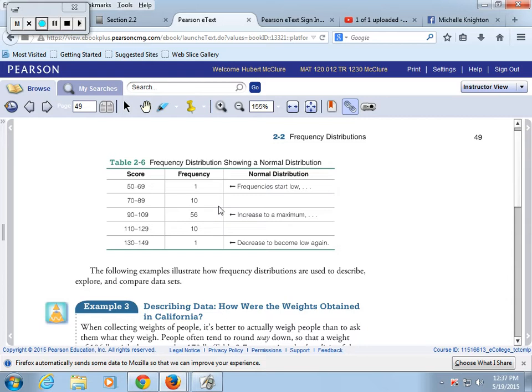Then I'll show you how to come up with the relative frequency and the cumulative frequency. Once I show you one time what to do, you should be able to do it. It's not rocket science. It's just doing a certain procedure, and after that, doing another procedure.